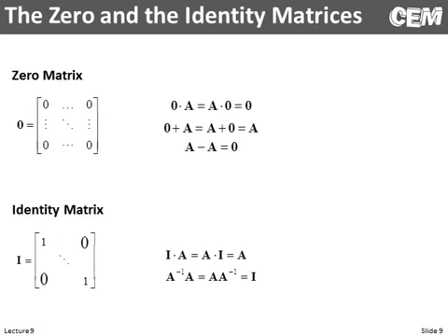In some texts, you'll see people write the 0 matrix, or even the identity matrix we'll get to, and then subscript it with how big it is. And maybe that will be useful, and maybe I should start doing that, but that's not the standard thing to do. So the 0 matrix is the matrix version of 0. If we multiply any matrix by the 0 matrix, we just get the 0 matrix back again. And we tend to use this where we just want to put in a bunch of zeros.